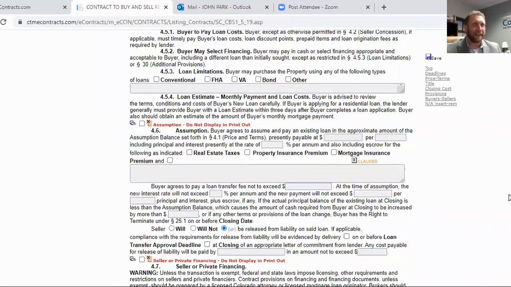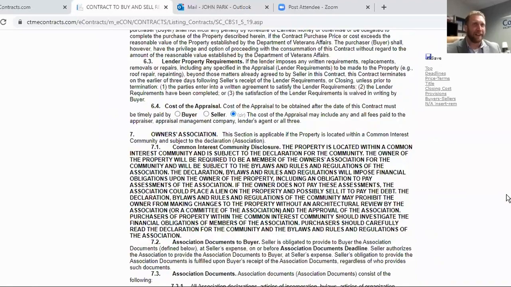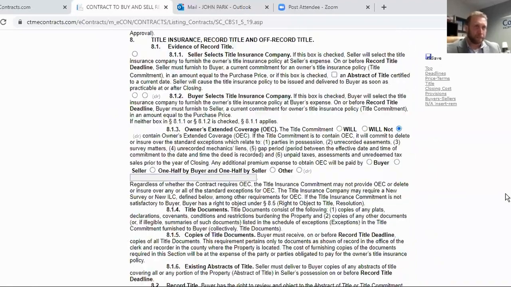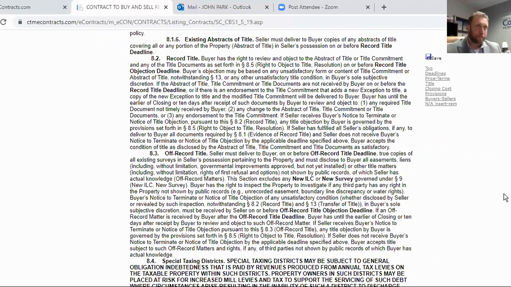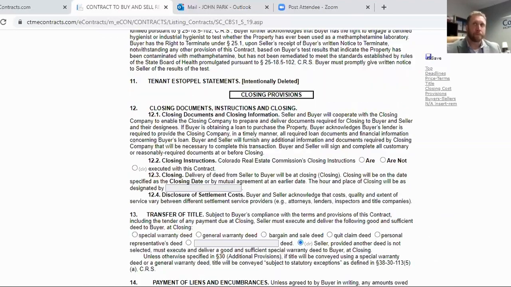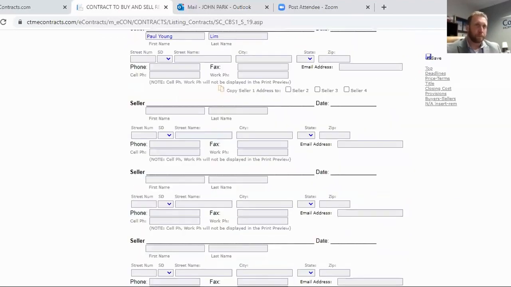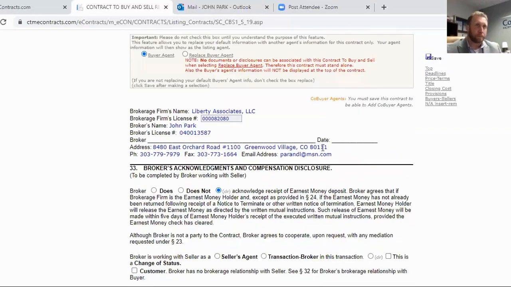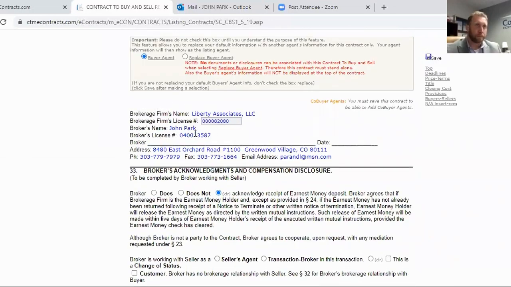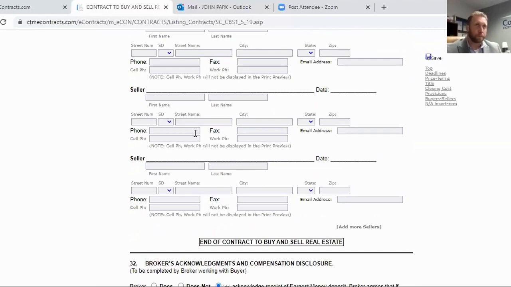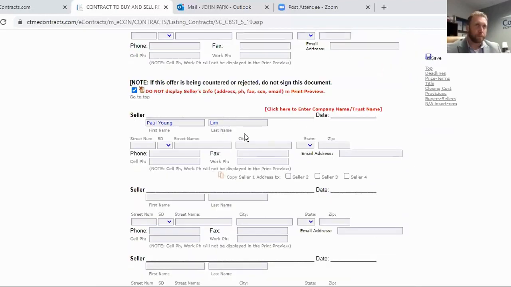It doesn't mean you have to use those. You could always change it, but at least it will give you the base for your contract. And the nice thing is it pre-fills the listing broker's information and usually the seller's information as well.